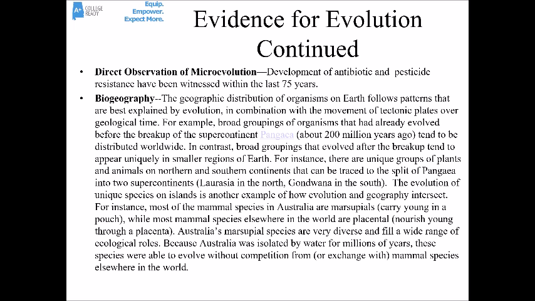But that never happened in Australia because the mutations that led to the development of placental mammals never happened there. So the marsupials continued to live there, continued to thrive. So those kinds of cases of organisms being found in only certain places, and the geographic explanations for why, are also good pieces of evidence for evolution.